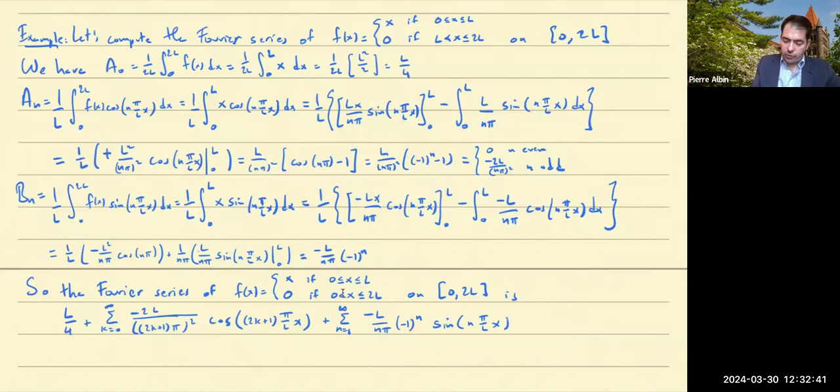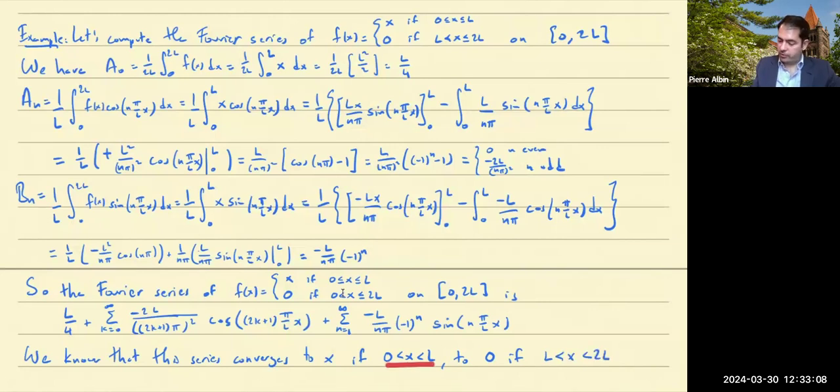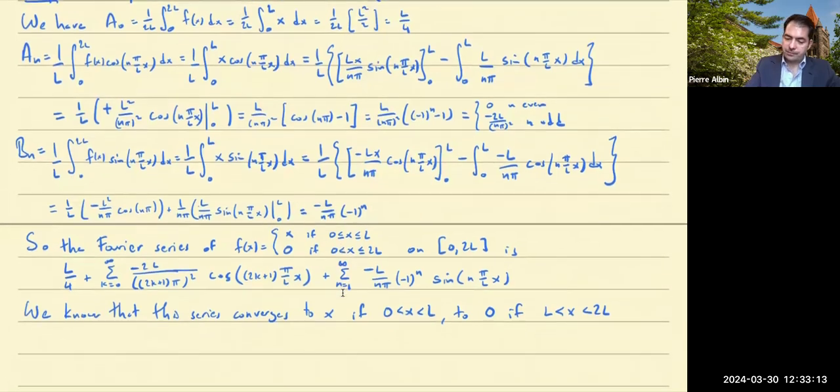Okay, and so we know that this series converges to x if 0 is less than x less than L, to 0 if L is less than x less than 2L, right? Because on this open interval and this open interval, our function is continuous.